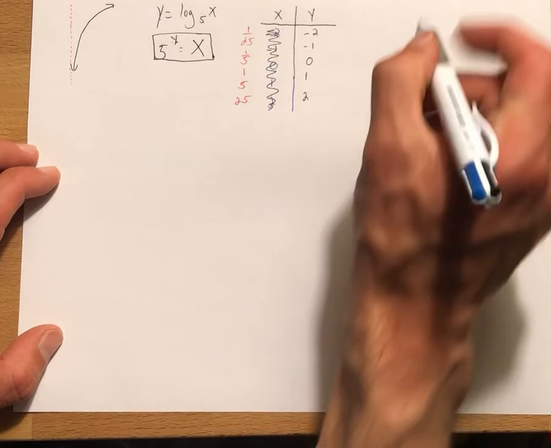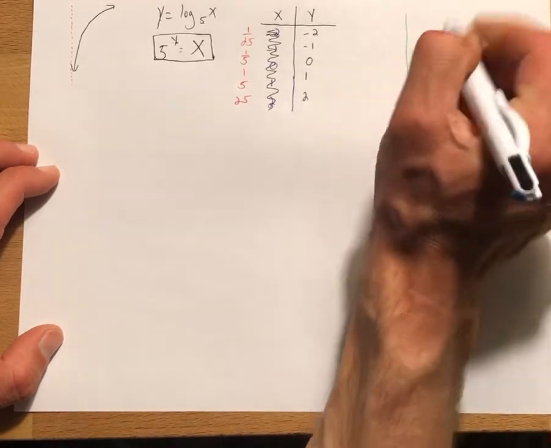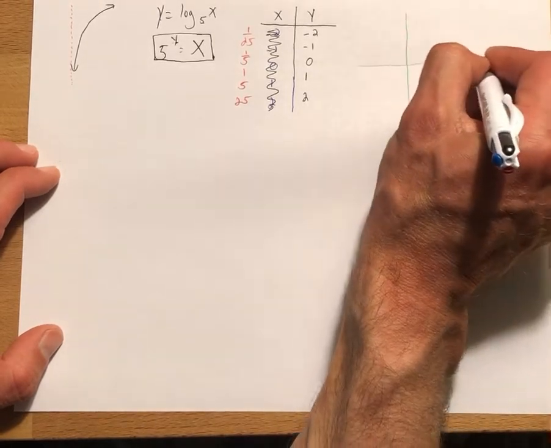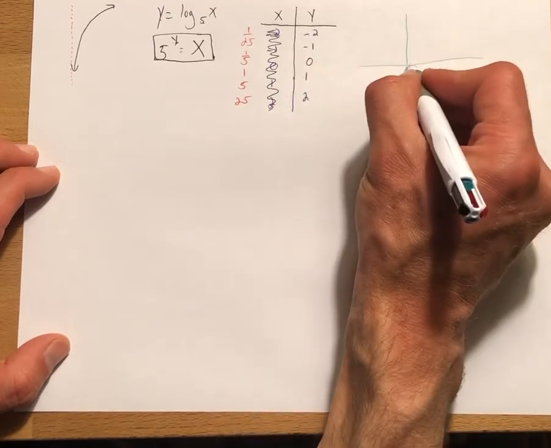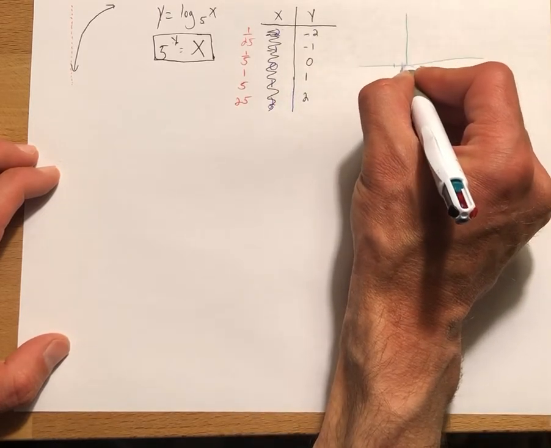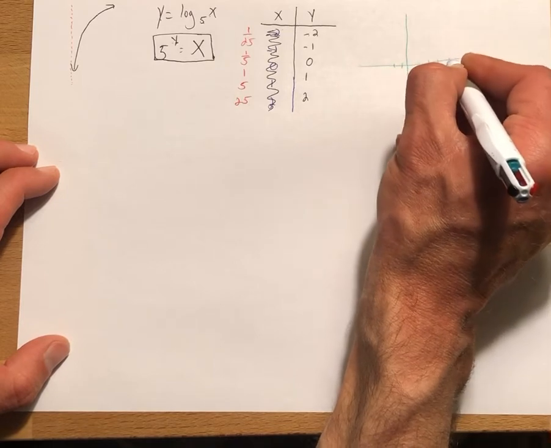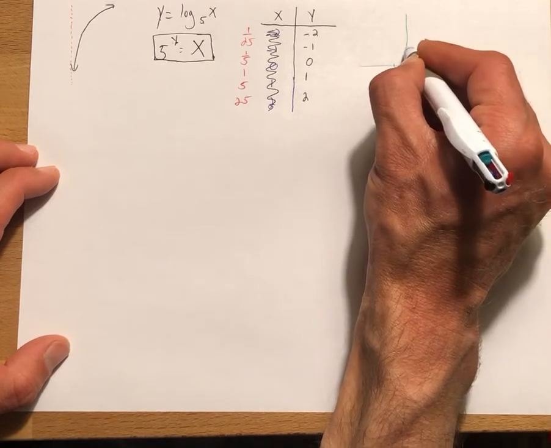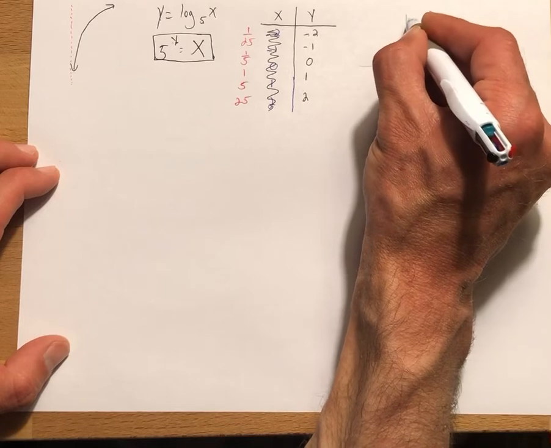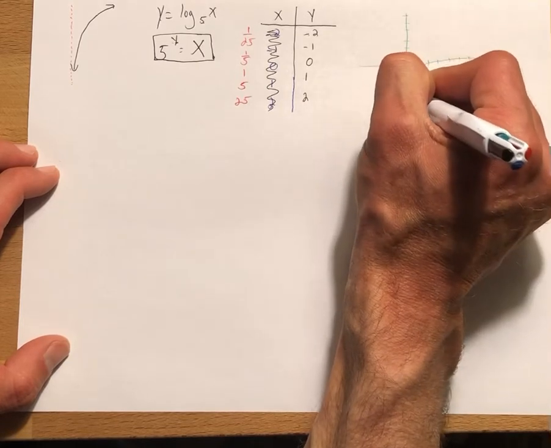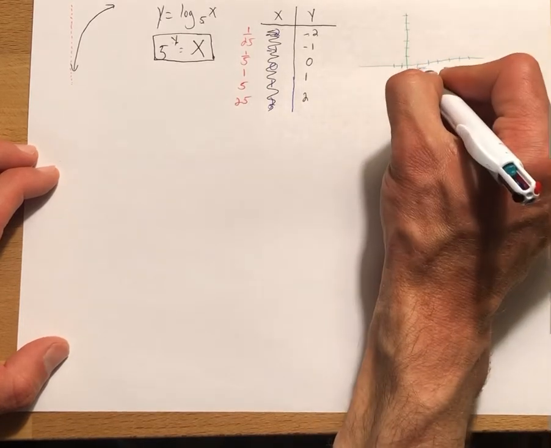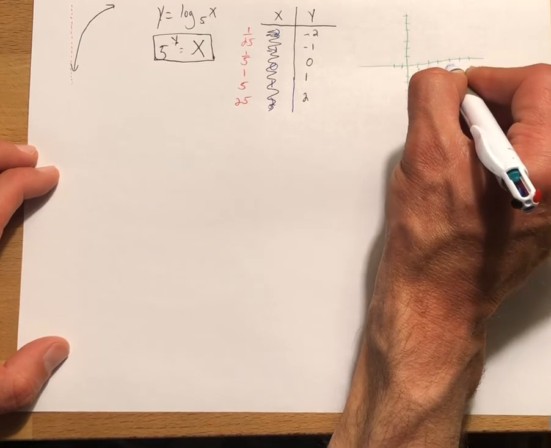Now, if I were to graph this, let's go in increments of 2. I think that would be easier. So this is going to be 2, 4, 6, 8, 10.